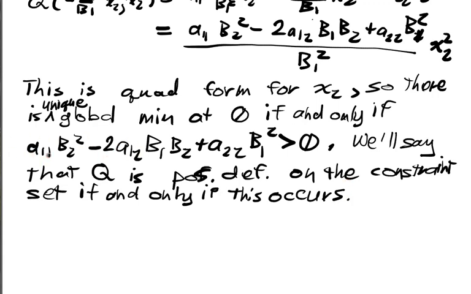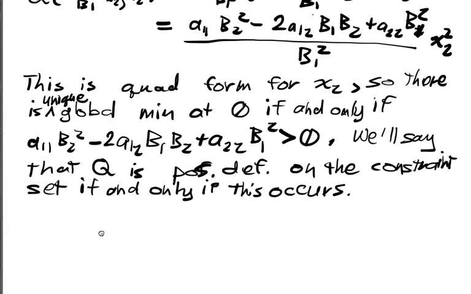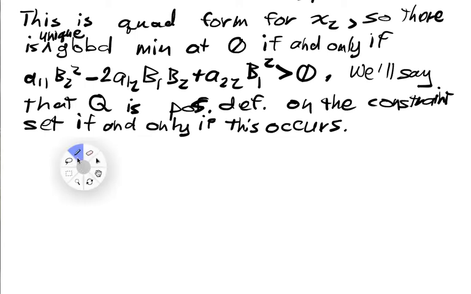But what's cute is that this is actually the determinant of what's called a bordered matrix. So this is really interesting. And it's actually the negative of this that is going to be that determinant.